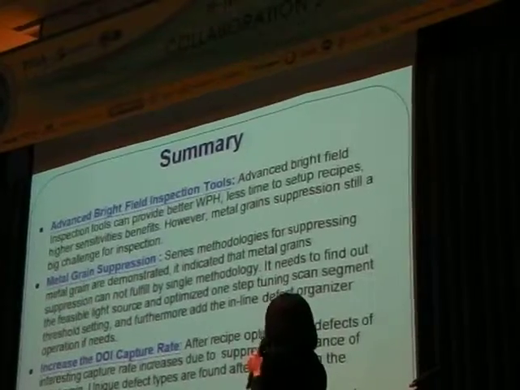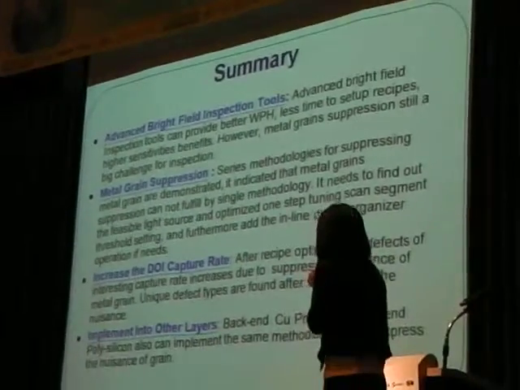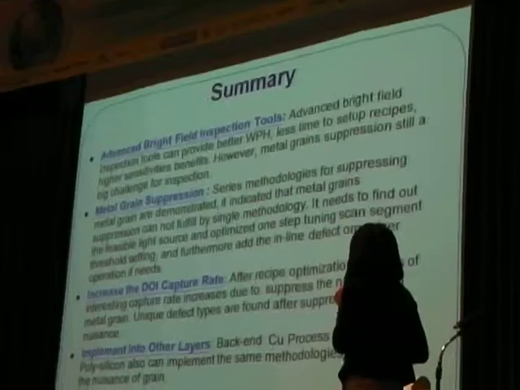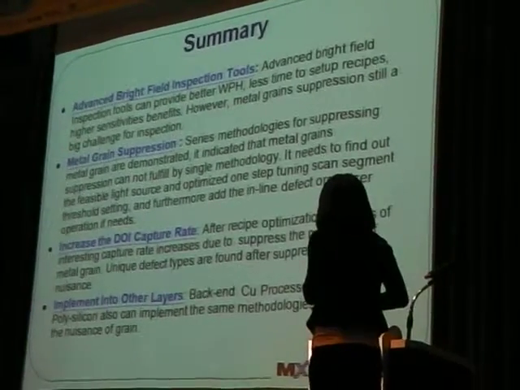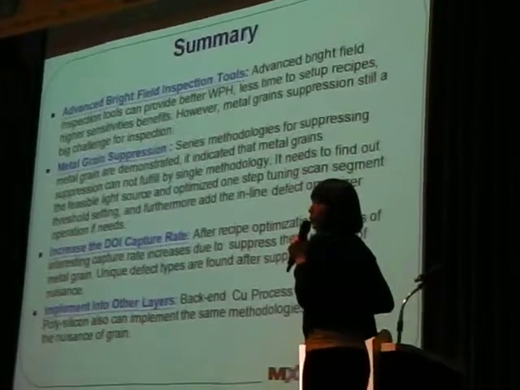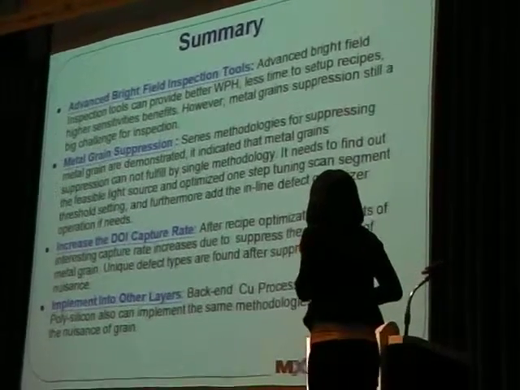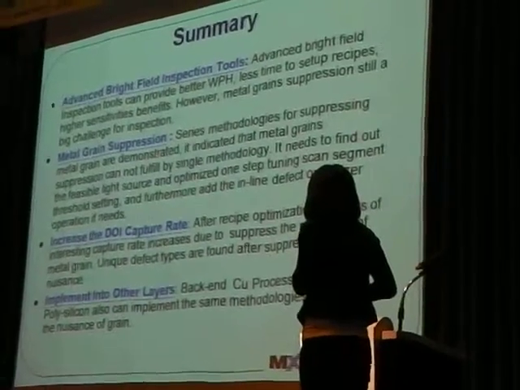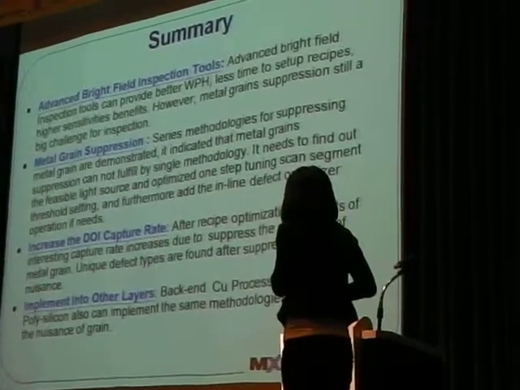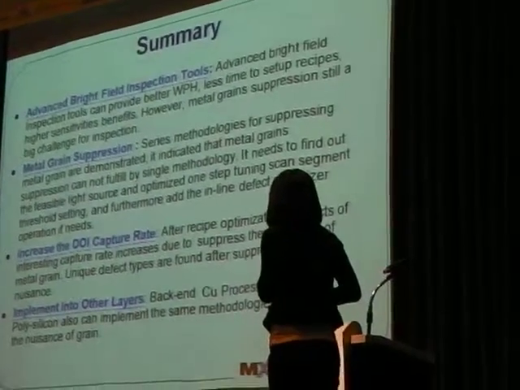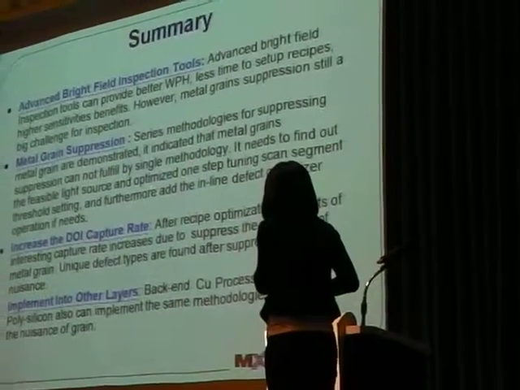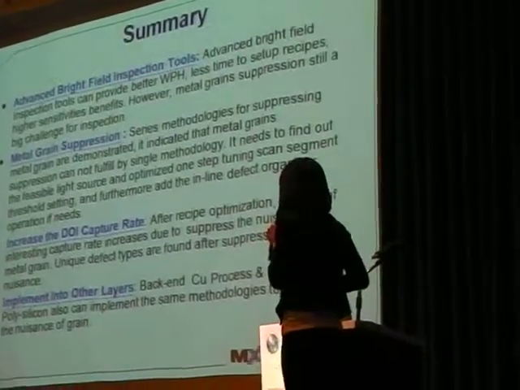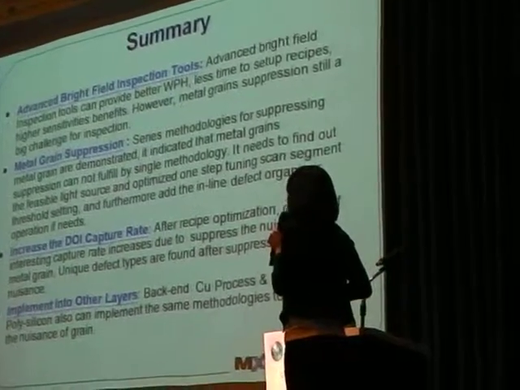And the summary: on this advanced wide field inspection, we can get better WPH and less setup time, but we still have a real challenge in metal ground. For the metal ground separation, we can use the feasible active selection function and the one-step tuning, and use the inline defect organizer function to separate the metal ground.